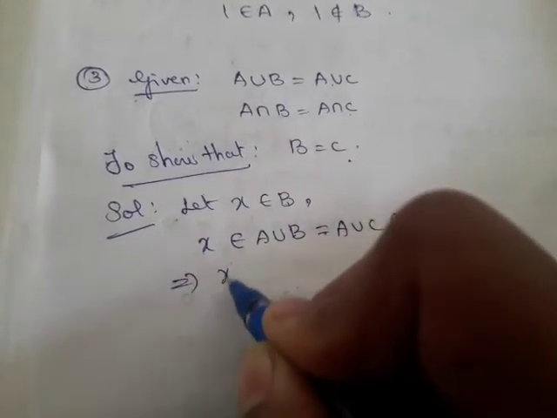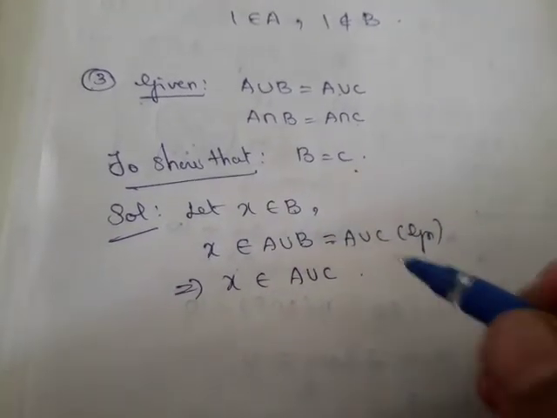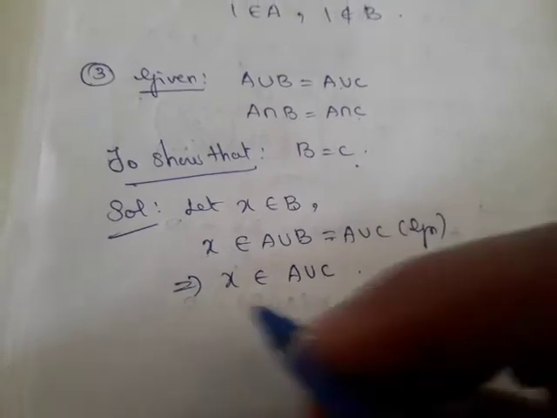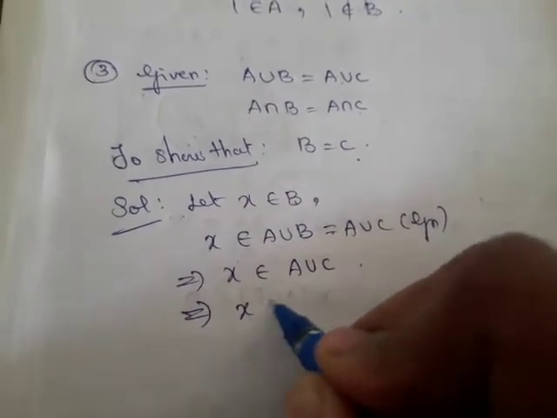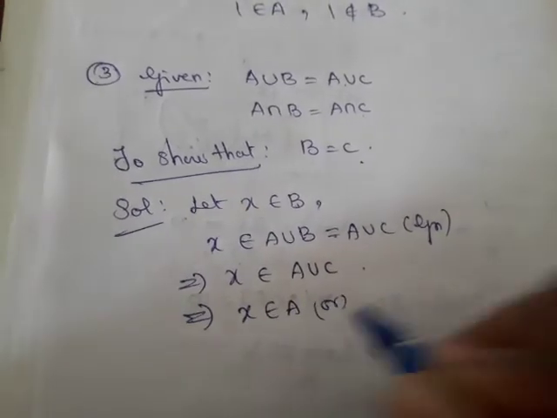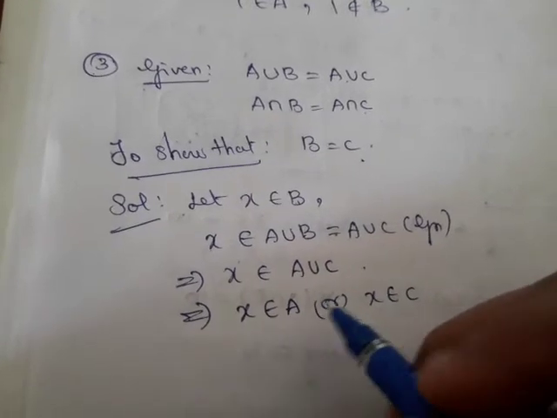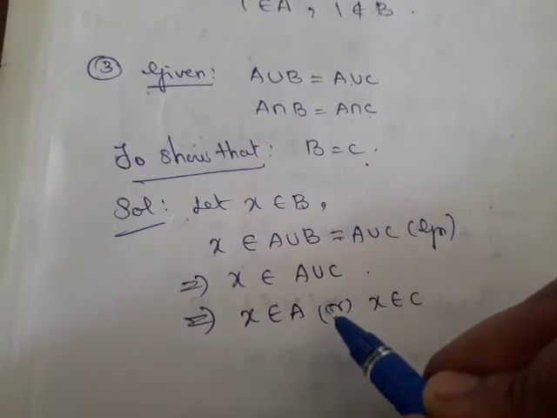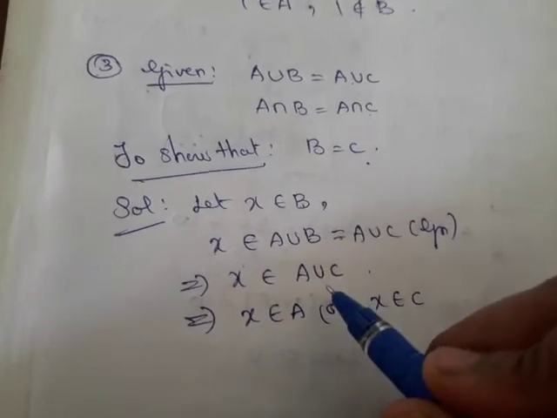Therefore, x will belong to A union C, right? So what does this imply? If an element is there in a union, what does this imply? x belongs to A or x belongs to C. Hope you remember this keyword "or". Or means it can be in A or it can be in C, then it will be available in the union, right?